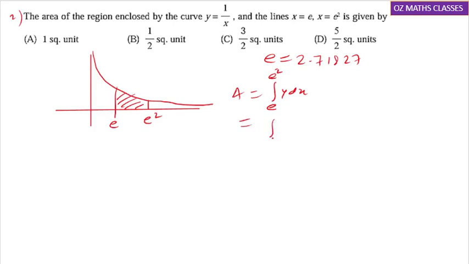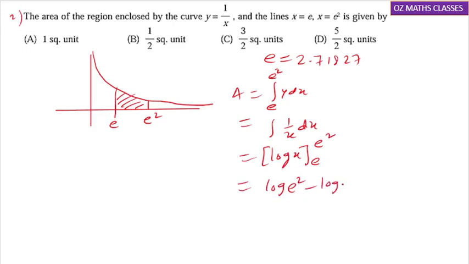Put the value of y, which is 1 by x dx, and the integration of 1 by x dx is log x from e to e square. First replace x by the upper limit e square, and then, after minus, replace x by the lower limit e.